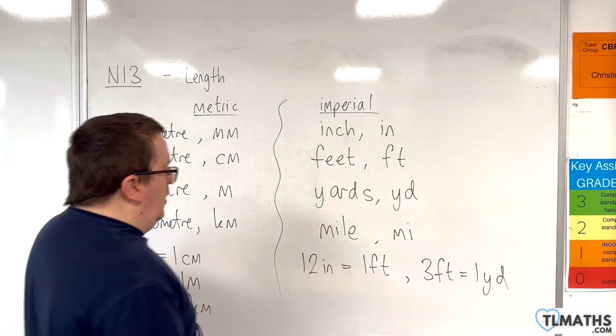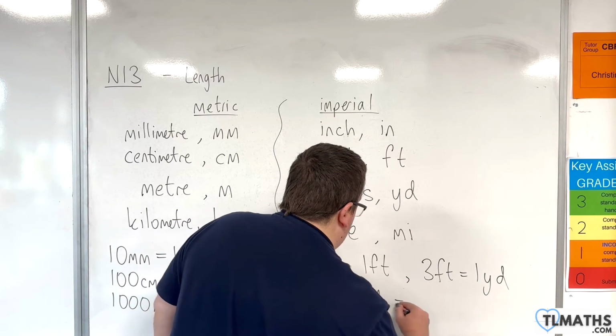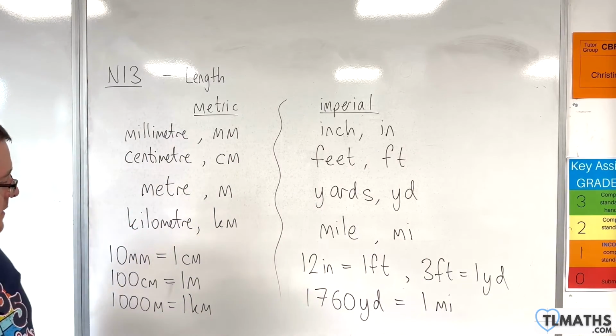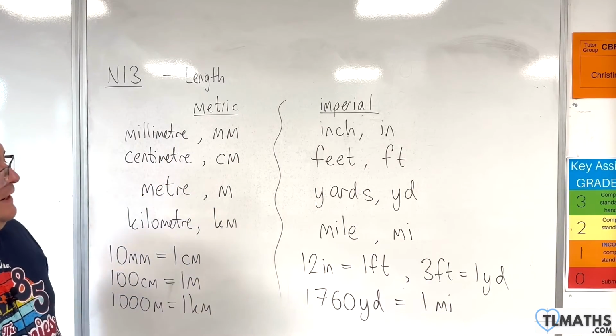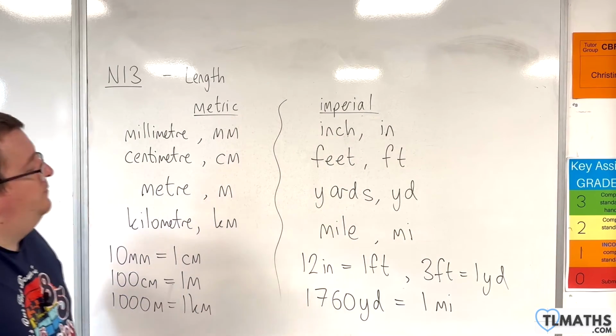And there are 1,760 yards in 1 mile. Very easy number to remember there. So that is how you can convert between each of those.